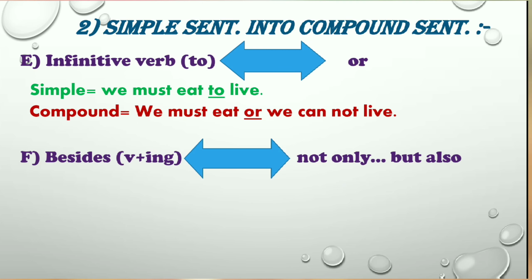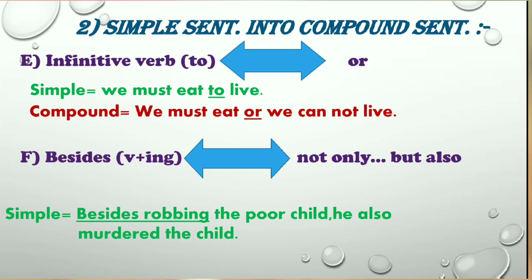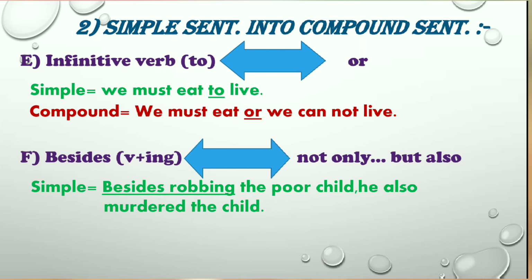Now our next type is besides plus verb plus ing. We can change it to not only but also. Let's see the example. Besides robbing the poor child, he also murdered the child. This is the simple sentence.